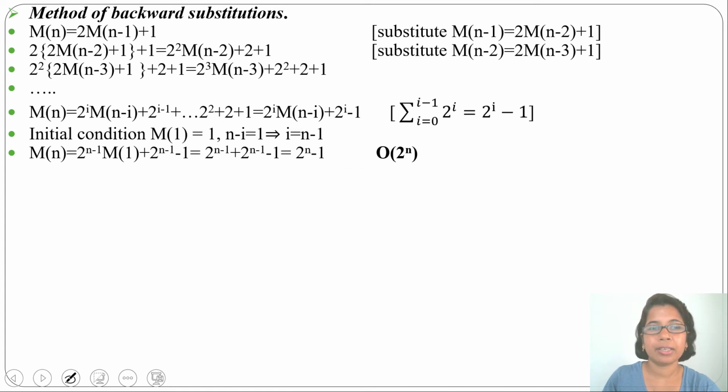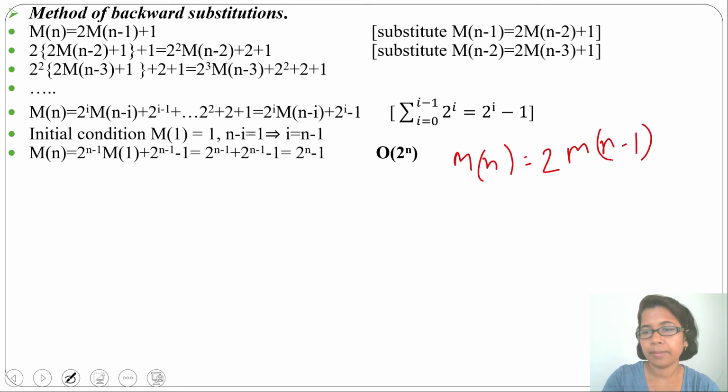Let's discuss the recurrence tree method. We know M of n equals 2M of n minus 1 plus 1. So that we can write as M of n minus 1 plus M of n minus 1 plus 1.